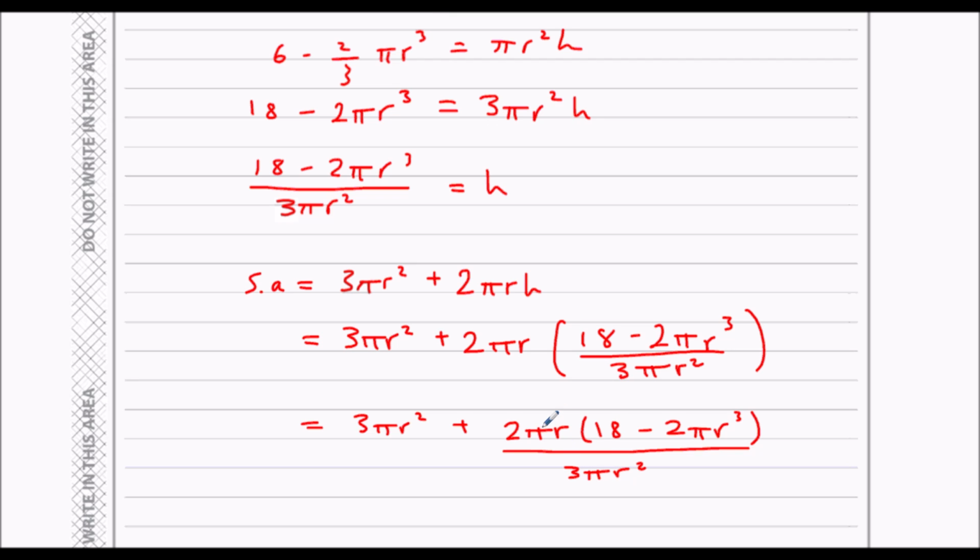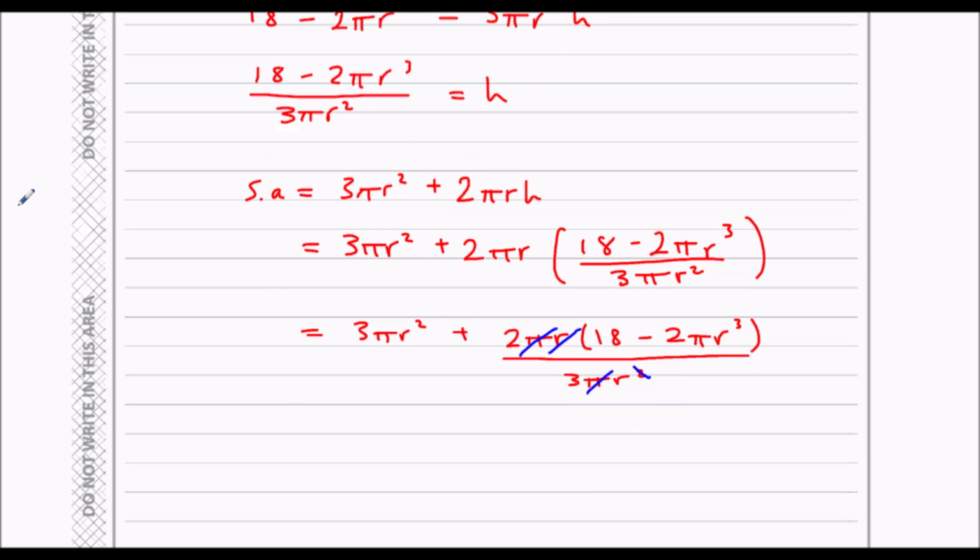So we'll divide top and bottom by pi and divide top and bottom by r, which leaves me with 3 pi r squared plus 2 into this. Let's expand the brackets as we go. So 2 18s are 36 minus 4 pi r cubed over 3r.